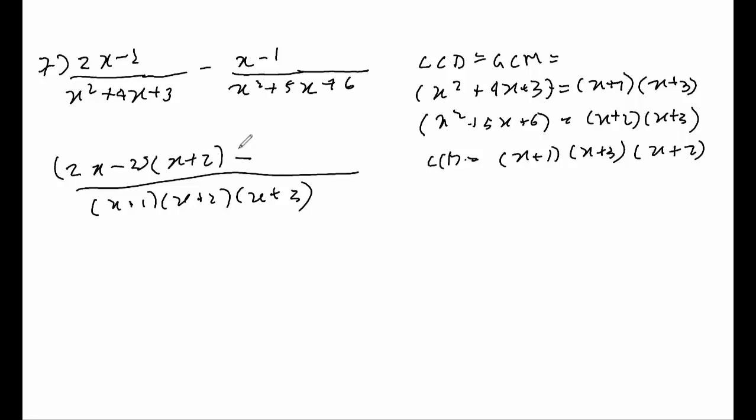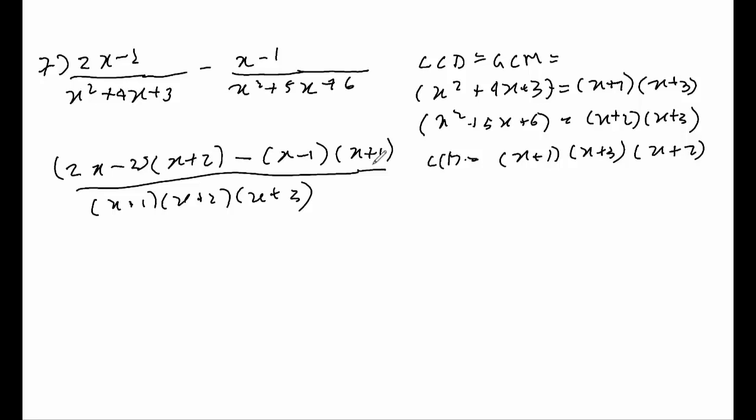And then we subtract, and here we have the x minus 1. And from this term, we have x plus 2, x plus 3, so we're missing the x plus 1. So now what we need to do is expand them and combine.